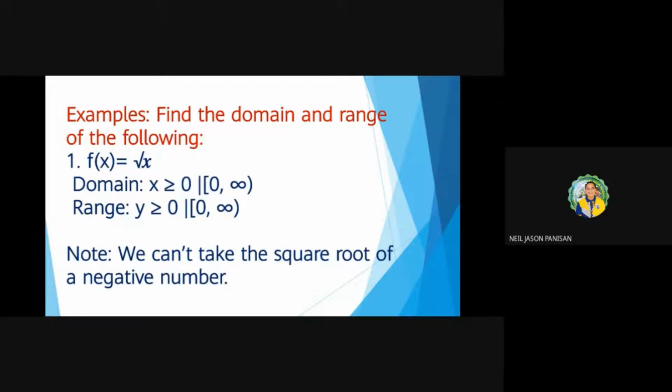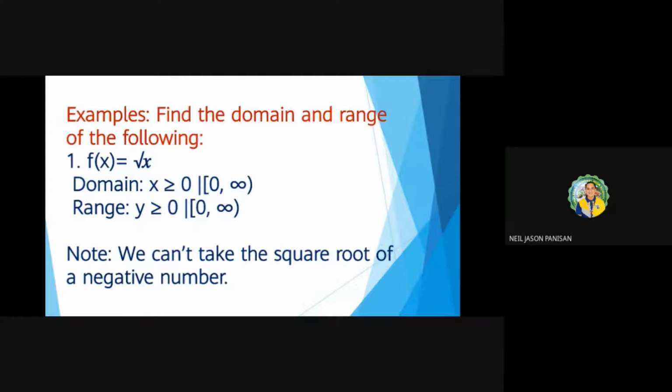So how are we going to find now our y values or our range? Simply plug the domain into the equation f of x is equal to the square root of x. For example, if we plug 0 in the equation, we have the square root of 0 is 0. Meaning to say, our range now is still from 0 going to the right, or positive infinity.